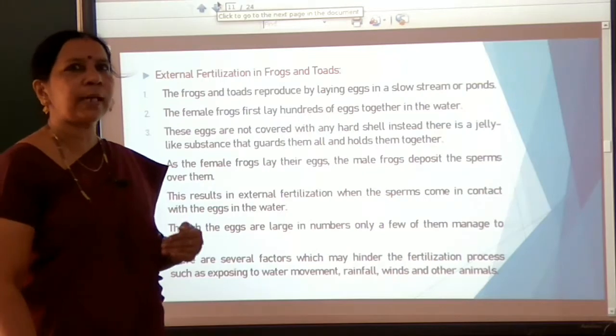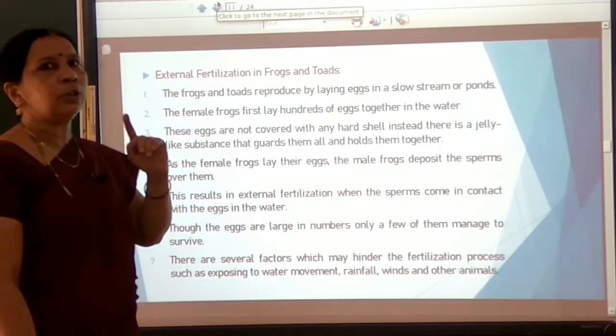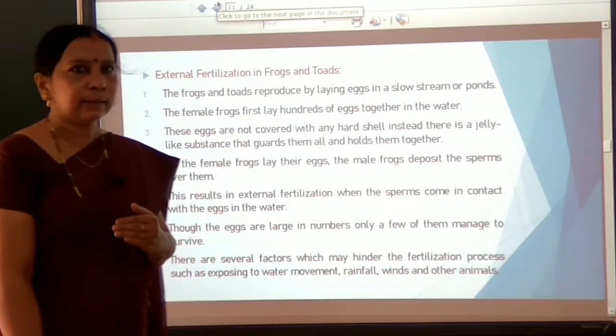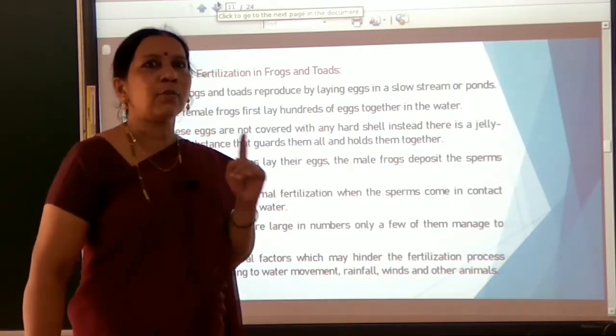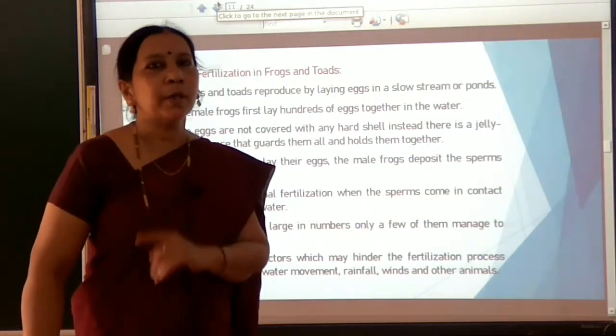A large number of eggs are laid by the females, and these eggs are not covered by hard shells like the eggs of birds.